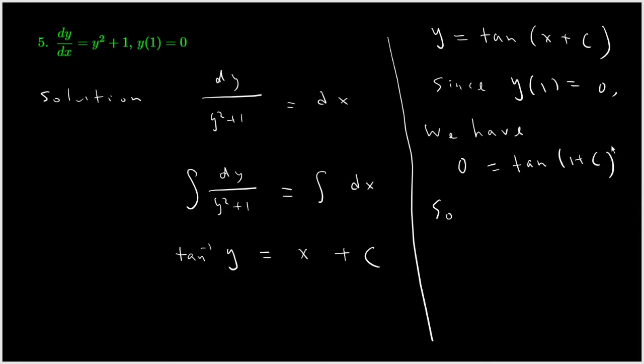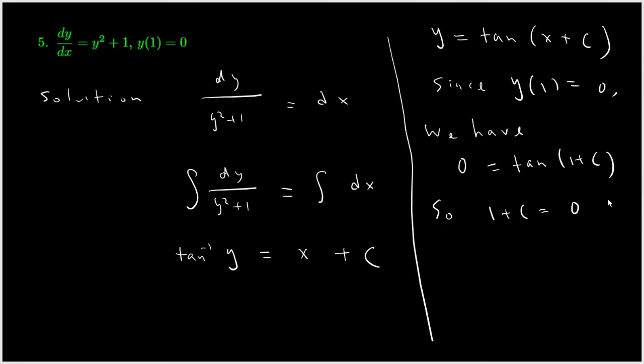Actually, it's because in the solution you have an inverse tan involved. We're trying to think tan of what angle in radian is equal to 0. So we have 1 plus c is equal to 0, right?